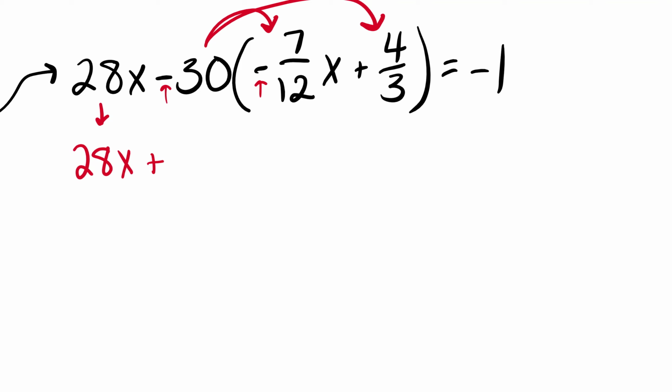And so 210 over 12 just reduces to 35 over 2. And that's x, right? And then I do the same thing. -30 times 4 is -120.